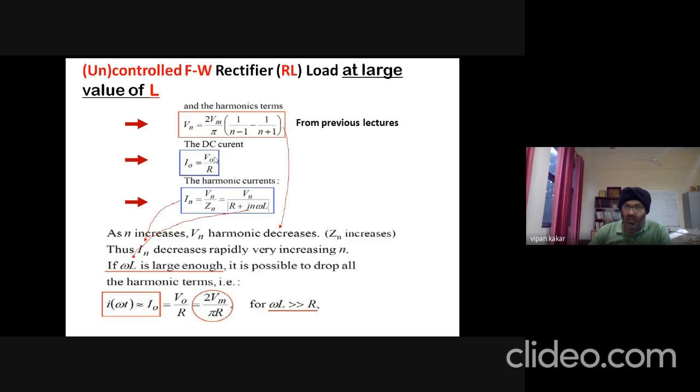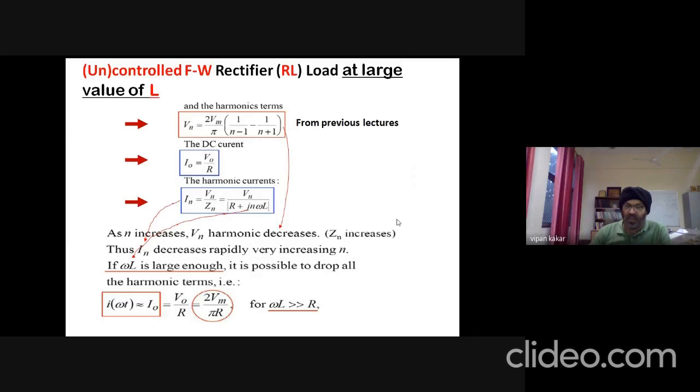So this is the DC component, and this is the harmonic component of the current superimposed on the DC component. And from here we can say that as we increase the value of L, the harmonic value of current will decrease.